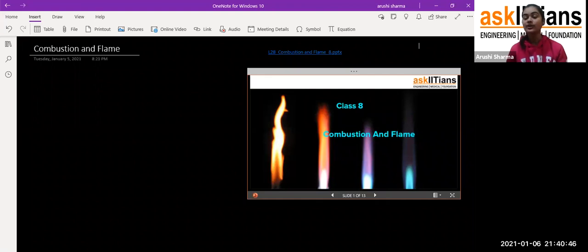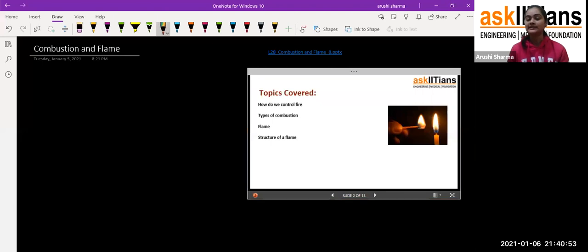But today we are going to discuss how we control fire, that if due to combustion there is a fire, how we are going to control it, the types of combustion, then flame, and then the structure of a flame, because this is the chapter we have, combustion and flame. So we have to discuss the combustion and the flame as well.